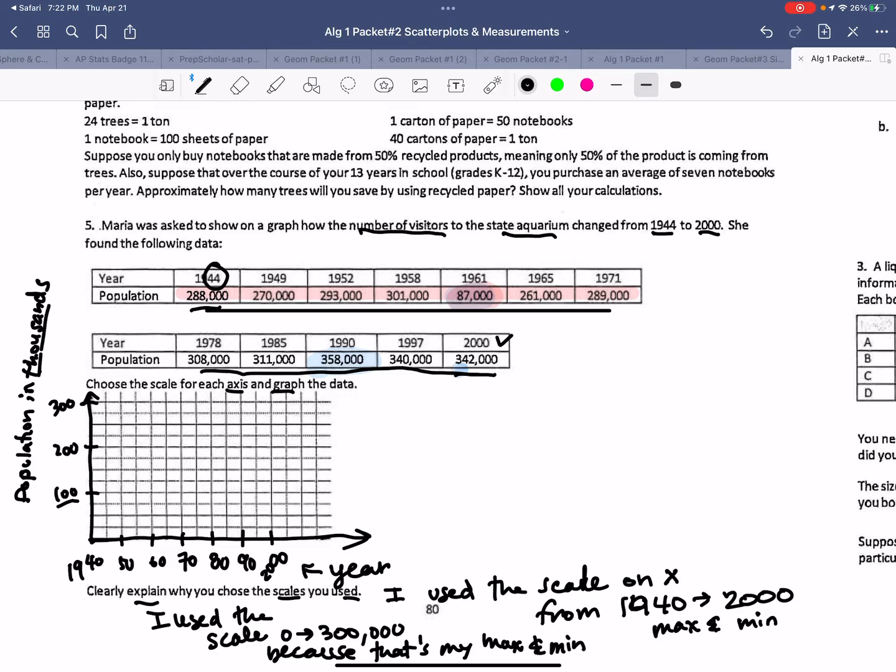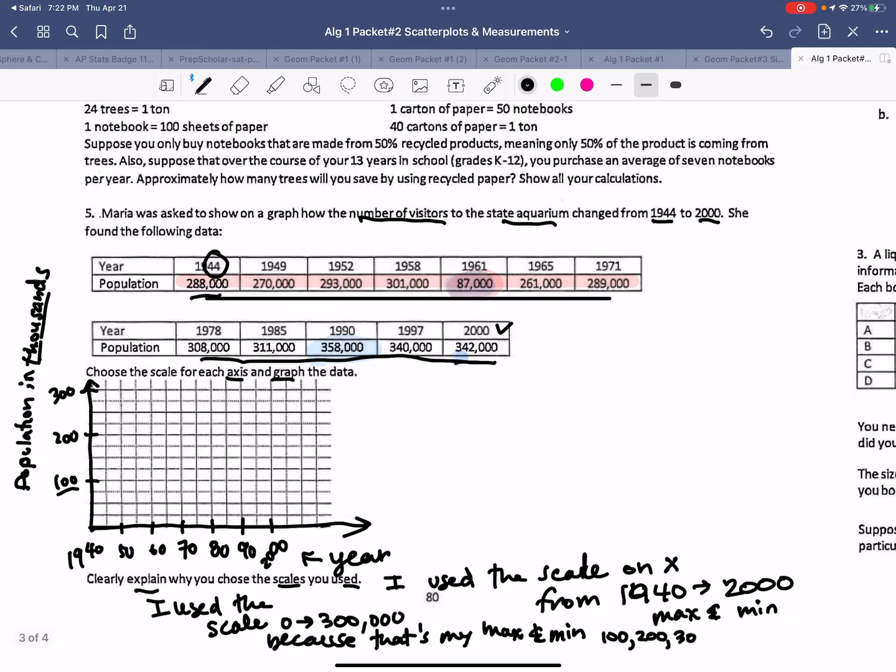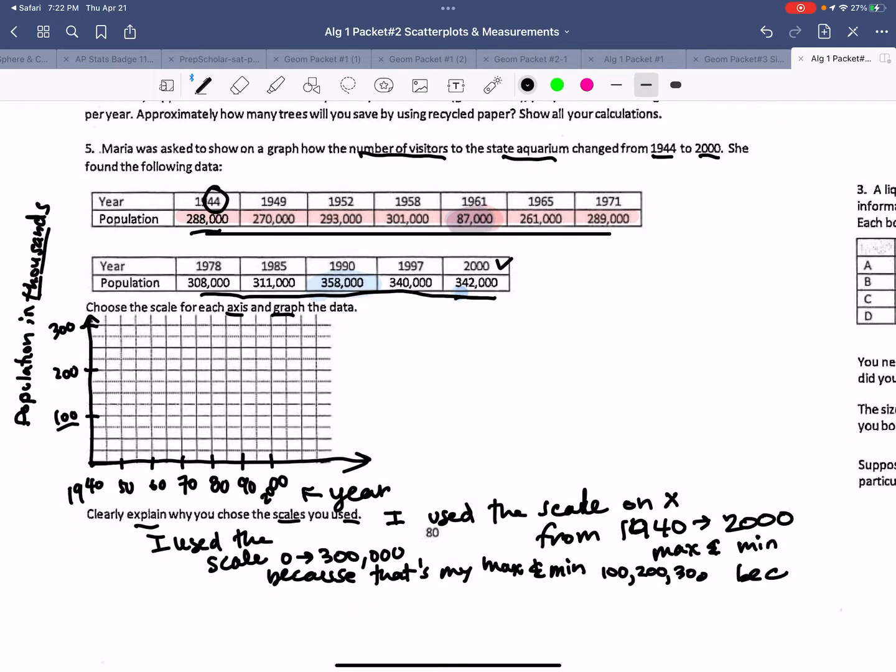And I used this 100, 200, 300 because all my Y values were in thousands. So I was too lazy to write 100,000, 200,000, 300,000. It was easier to just write 100 and say that those are in thousands.